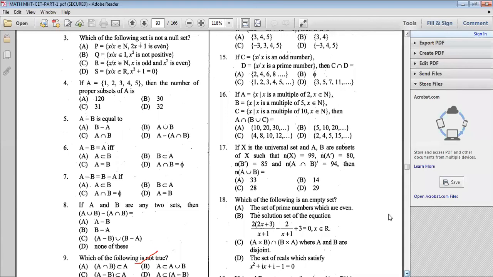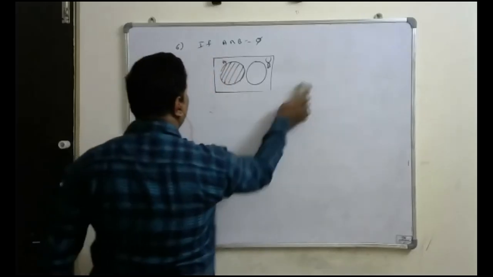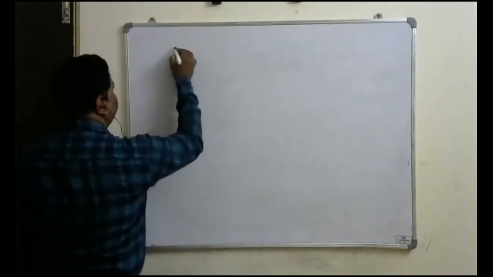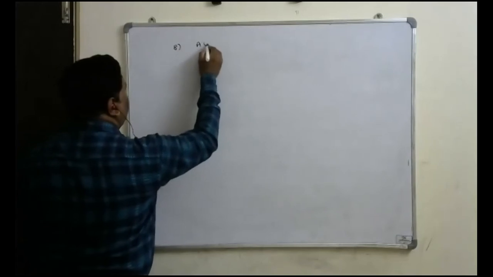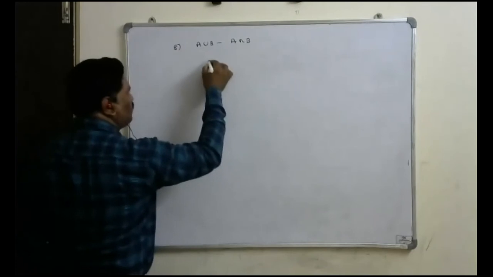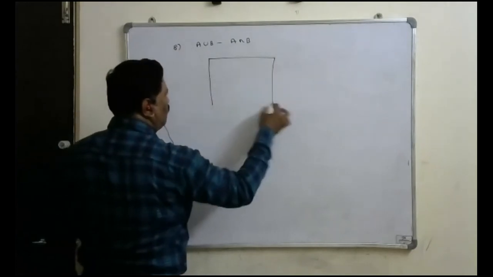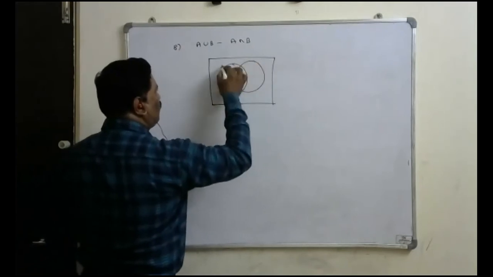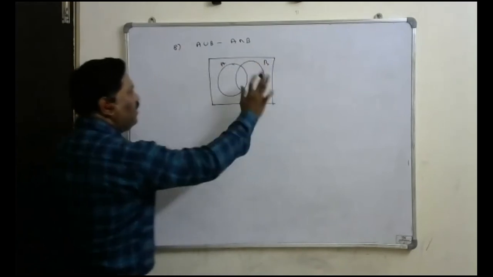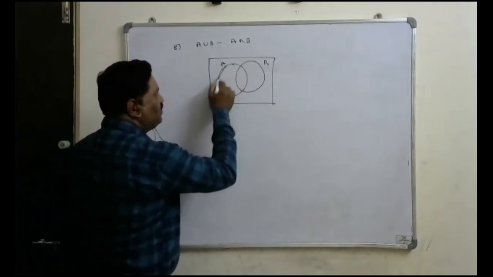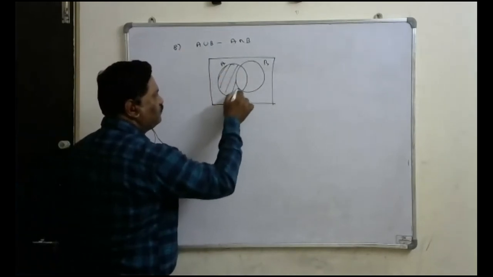Let's observe this problem. It is given A union B minus A intersection B. If we consider the two sets A and B, from the A union B, if I subtract this intersection part, this is the remaining part we are getting.